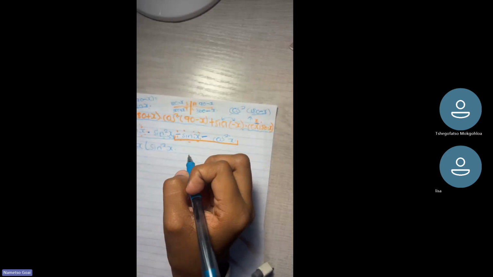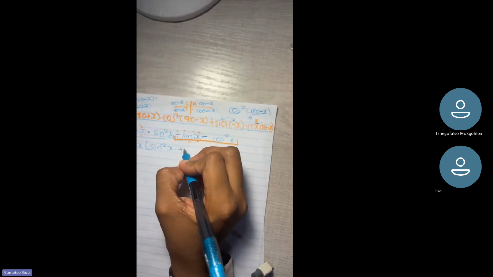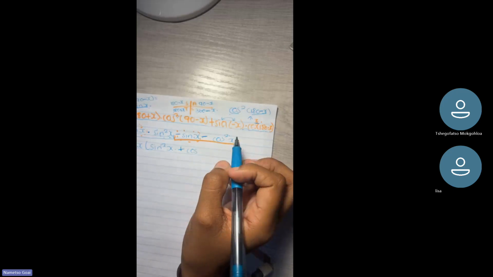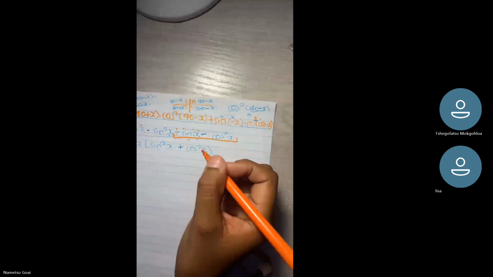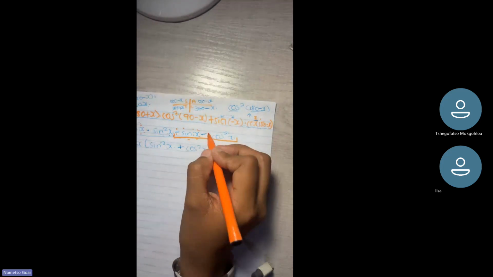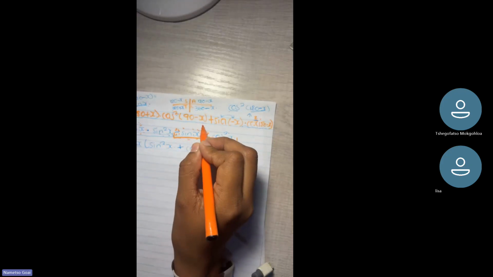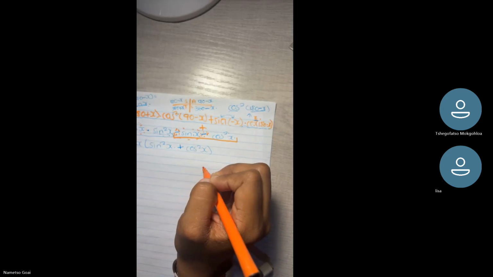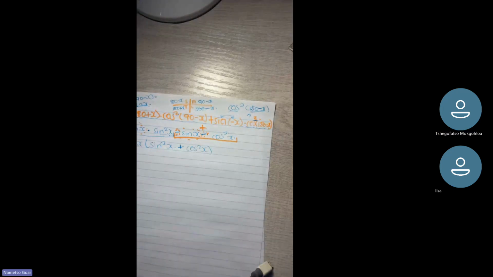But instead of a negative cos, we're going to have a positive cos squared x. The reason you have a positive cos squared x is that you had a negative over here and you also have a negative over here. When you multiply these two together, you get a positive, right? Yes, ma'am. So this sign will now carry the positive sign.